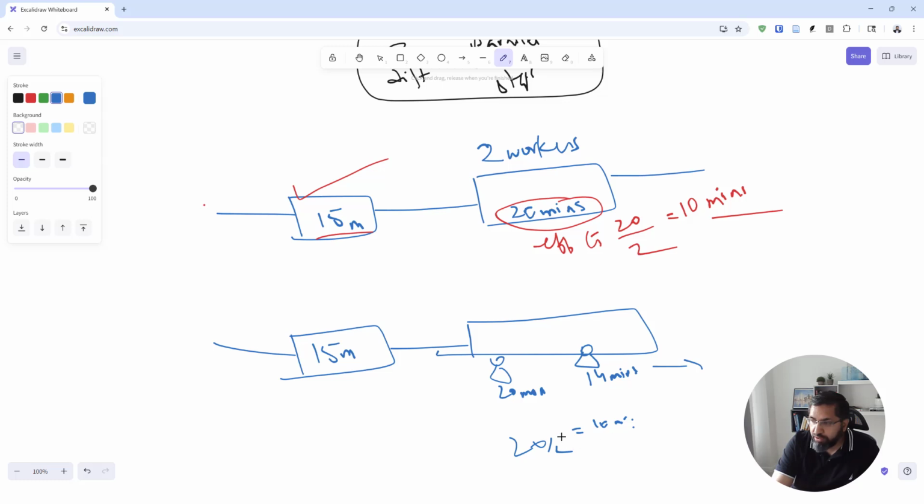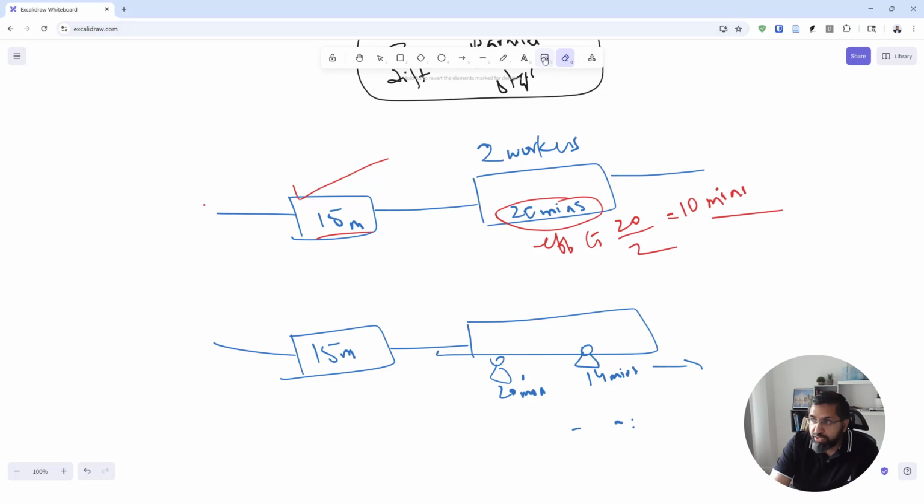So the effective cycle time is not just 20 over 2. 2 point something units will come out every 20 minutes, because when it's done 20 minutes, it's done 1 unit, and this is done like 1.5 units or something. So 2.5 units approximately come out every 20 minutes. So you can't just do 20 over 2 to get the cycle time of 10 minutes and compare 10 to 15.